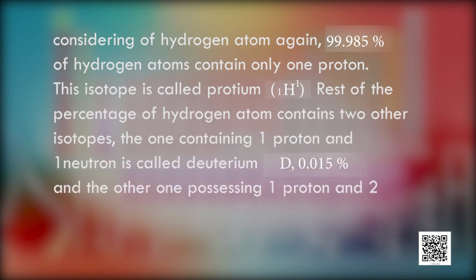The rest of the percentage of hydrogen atoms contain two other isotopes. The one containing one proton and one neutron is called deuterium, that is 2D1, and its percentage is 0.015%, and the other one possessing one proton and two neutrons is called tritium, 3T1.